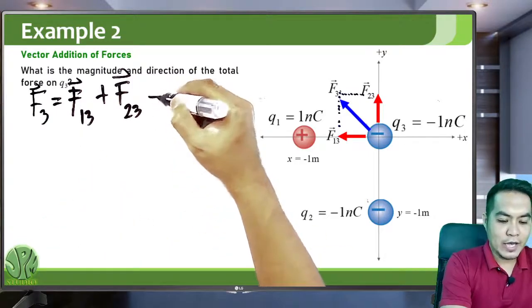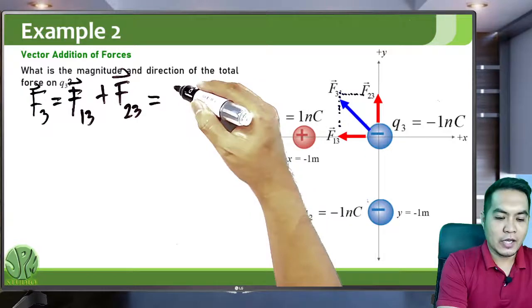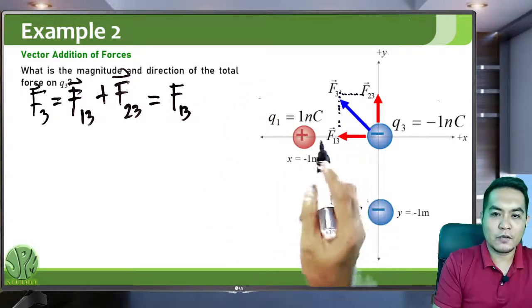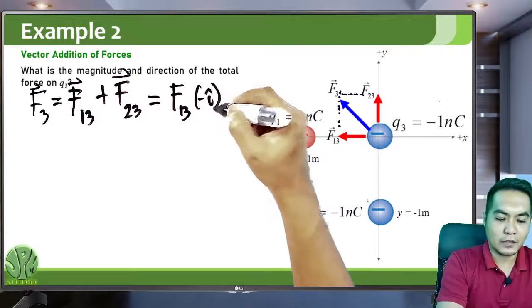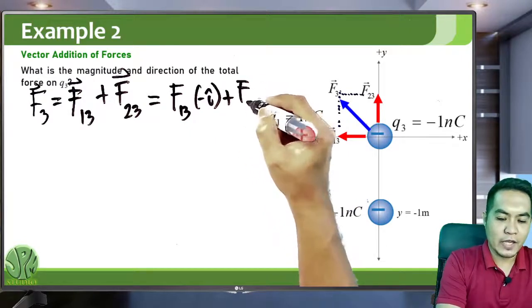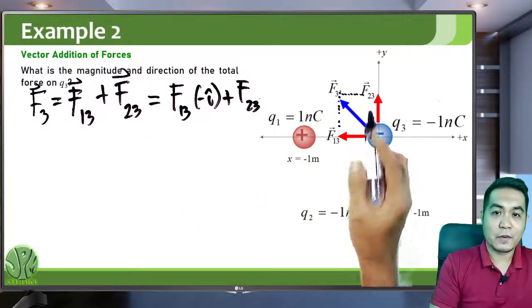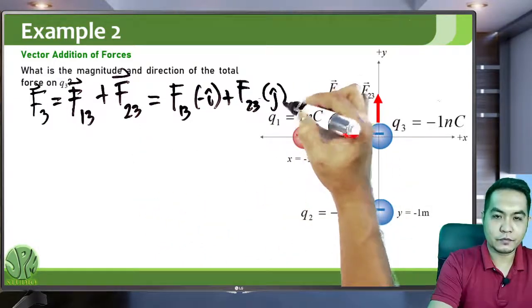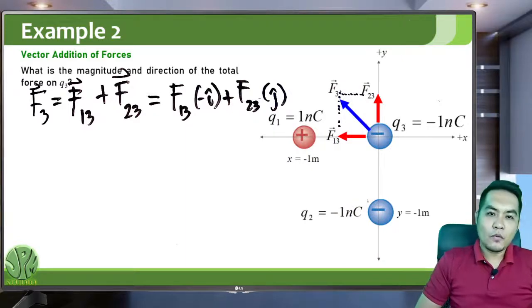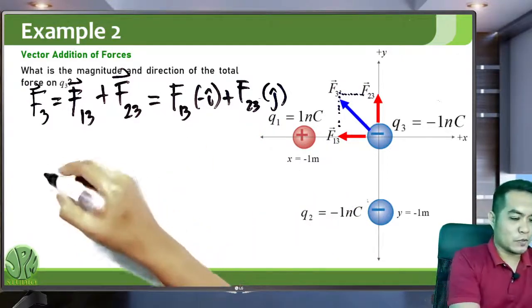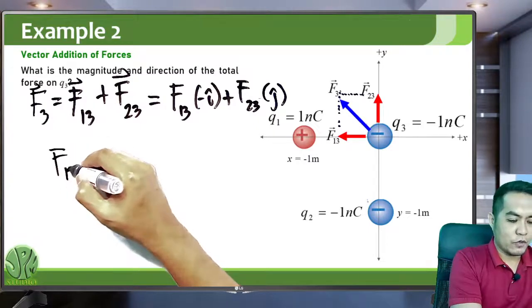Okay. So we already know the direction. F13 has a magnitude of F13, and the direction of F13 is obviously in the negative I hat. And then F23 has a magnitude of F23, and its direction is positive J hat. So in order to solve this problem, we only need to solve their magnitudes. So use Coulomb's Law.